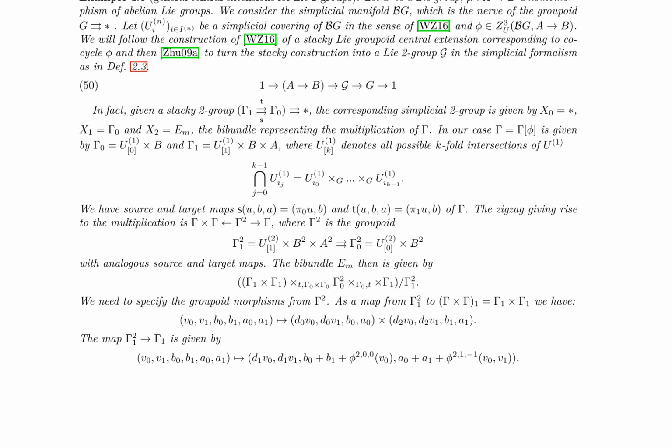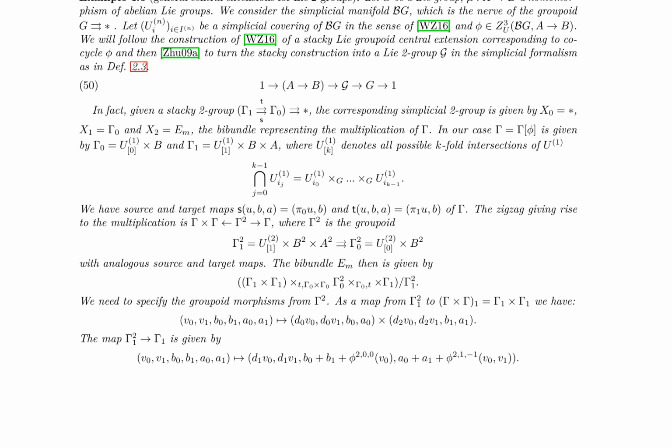The second example is a general central extension for Lie2 groups, which is constructed using a simplicial manifold BG, a homomorphism mu, a right-pointing arrow B of abelian Lie groups, and a cocycle phi element of Z3, U, BG, a right-pointing arrow B. The corresponding Lie2 group G is constructed using the simplicial formalism, and its tangent object is computed.